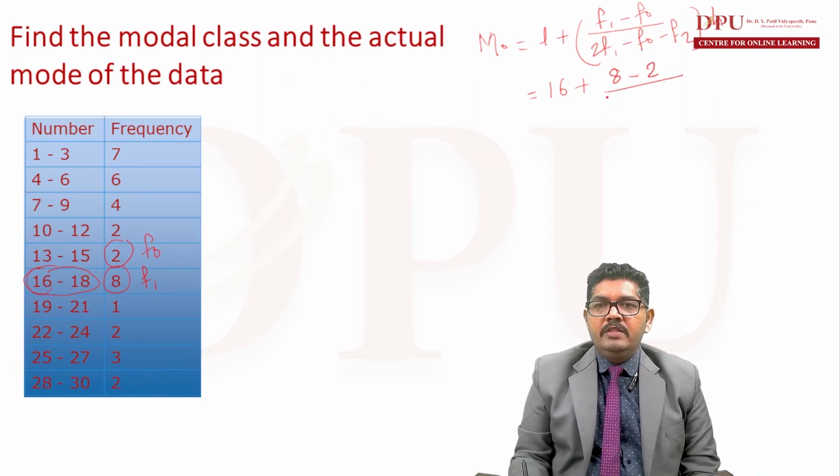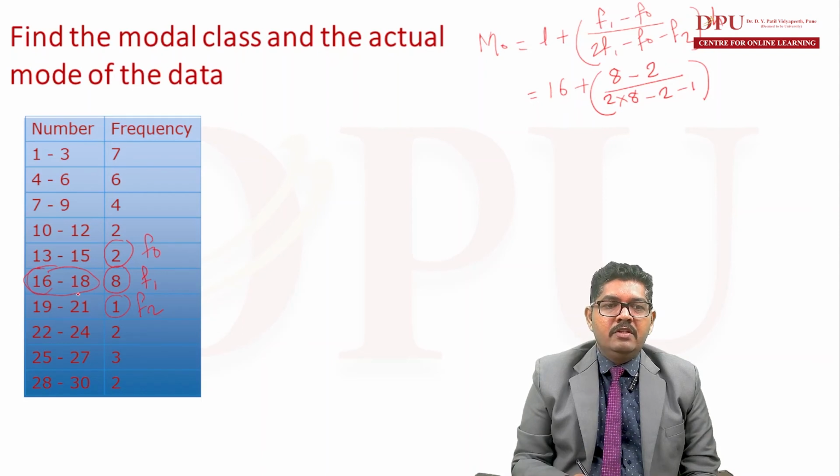twice F1 is 2 multiplied by 8, minus F0 which is 2, minus F2, the frequency of the class next to the modal class, which is 1. This is F2, and this is multiplied by the class width. The class width in all the cases is 18 minus 16 is 2, 15 minus 13 is 2, so the class width is 2.